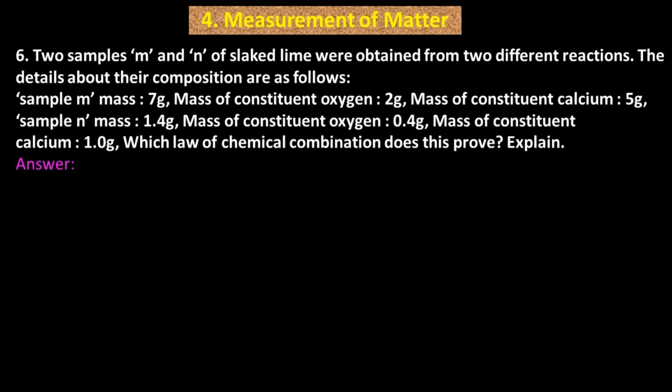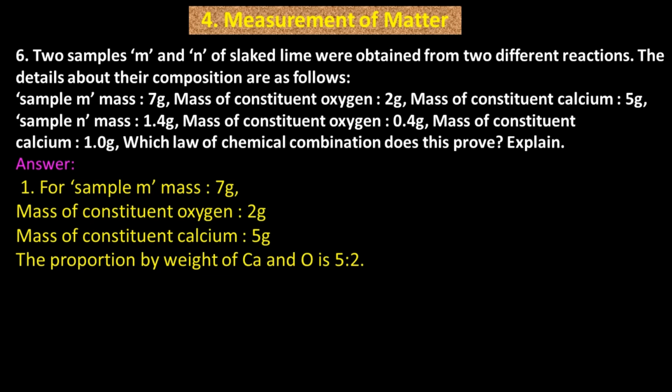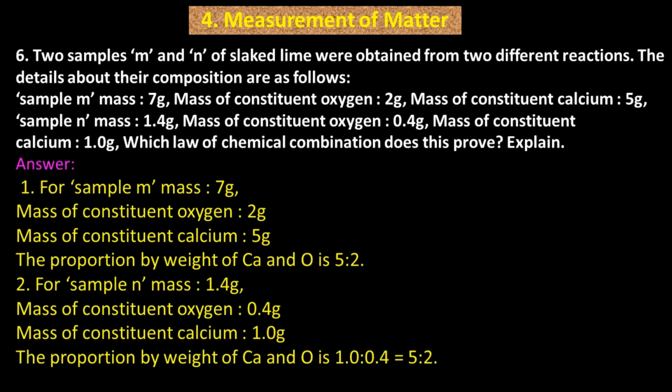Explain. Answer. For sample M, mass 7 gram, mass of constituent oxygen 2 gram, mass of constituent calcium 5 gram, the proportion by weight of Ca and O is 5:2. For sample N, mass 1.4 gram, mass of constituent oxygen is 0.4 gram, mass of constituent calcium is 1.0 gram.